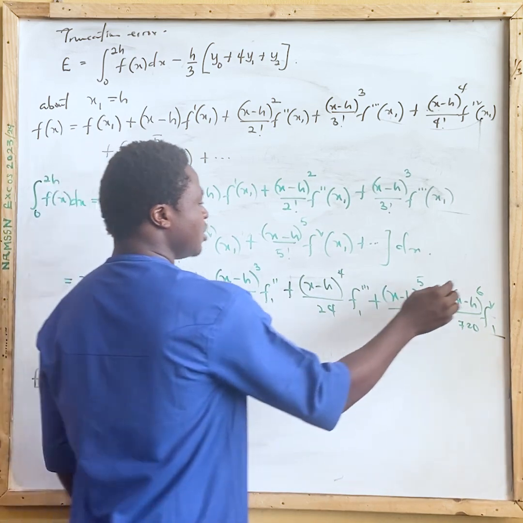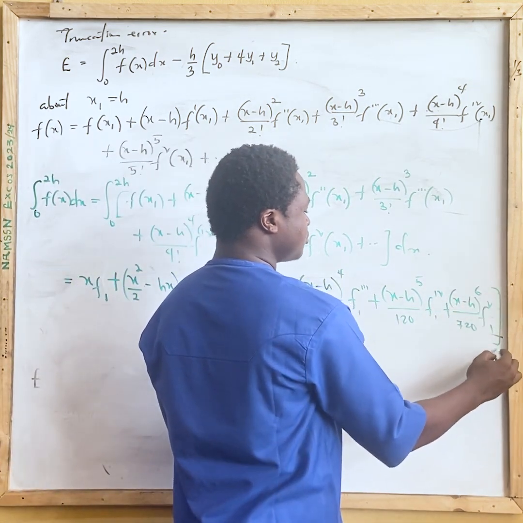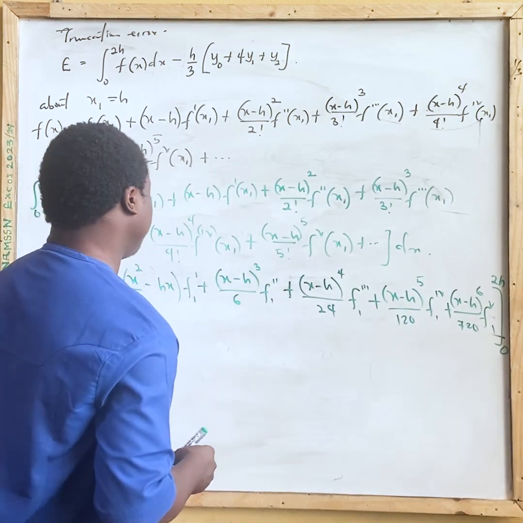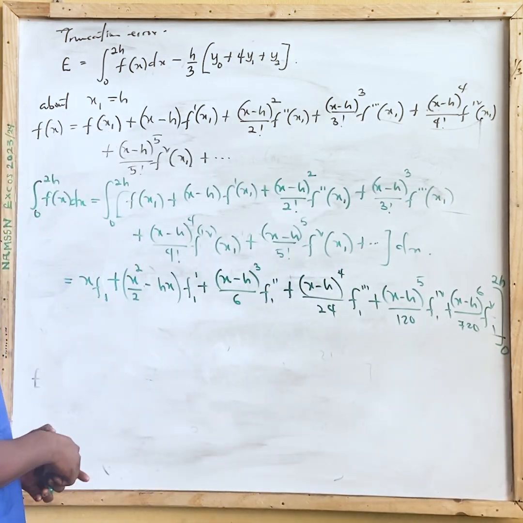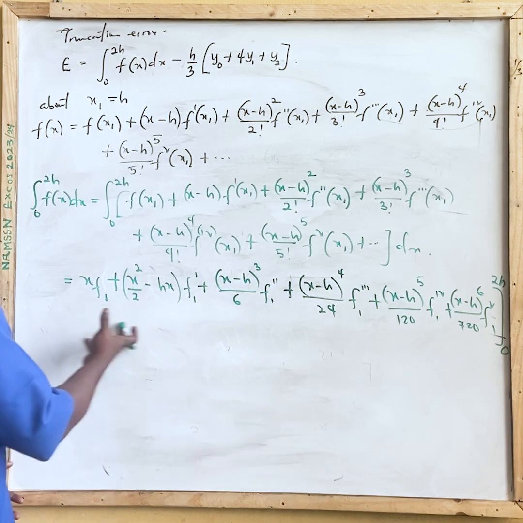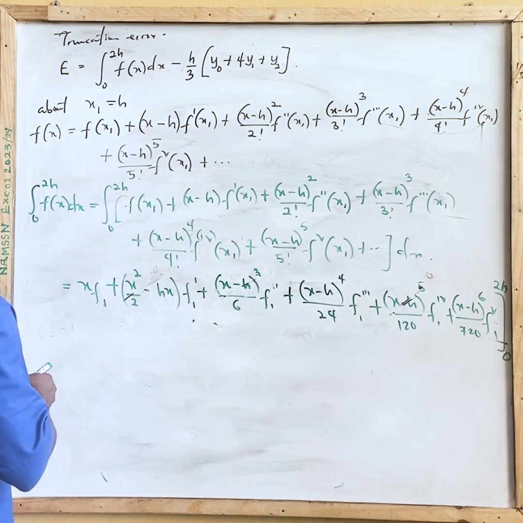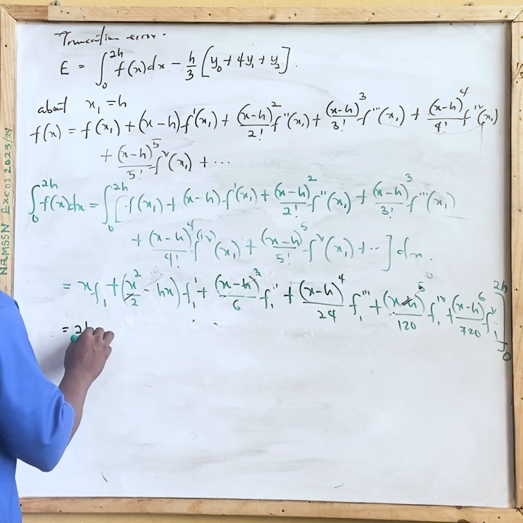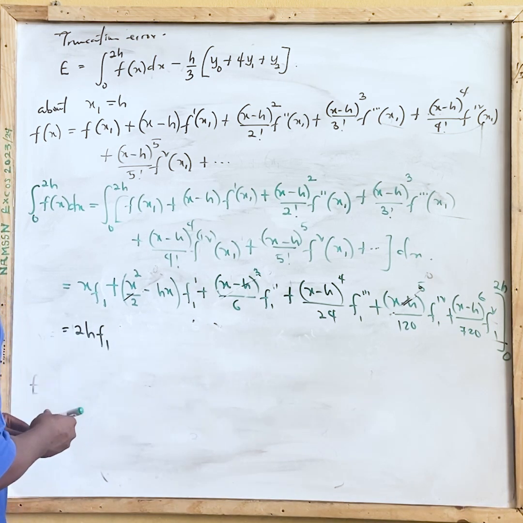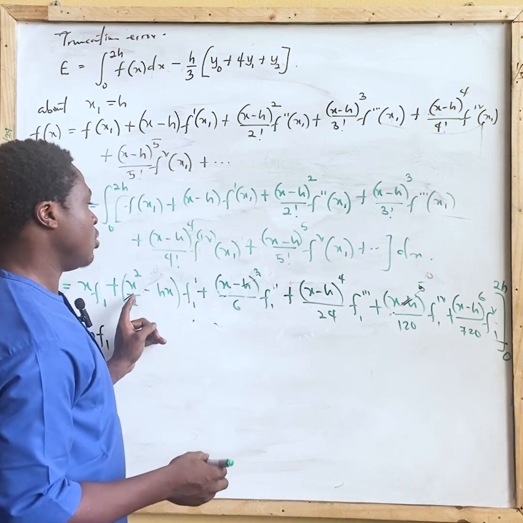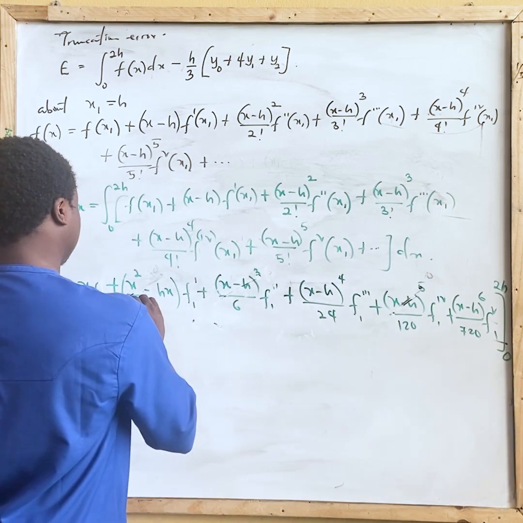Of course, all of this will be evaluated from 0 to 2h. So if we put 0 and 2h in each of these terms, let's see what we'll get. For the first one, when x is 2h, I have 2h f1, quite alright. Here, when x is 2h, I get 0. When x is 0, I get 0. This is 0.